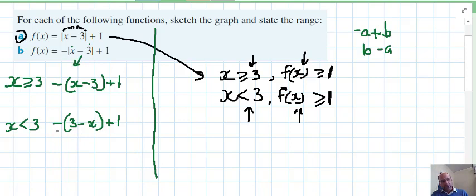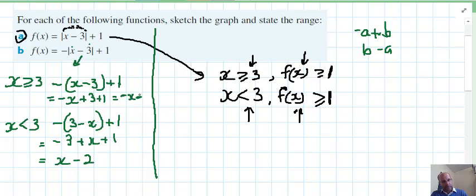So it swaps the order around when we've got a negative inside the brackets, and we've got negative 3 plus x plus 1, which equals x minus 2. So it behaves like x minus 2 when x is less than 3, whereas the other part behaves like negative x plus 4, or 4 minus x if you prefer.